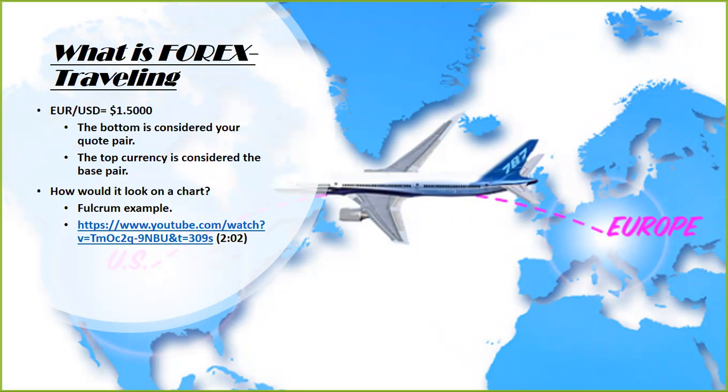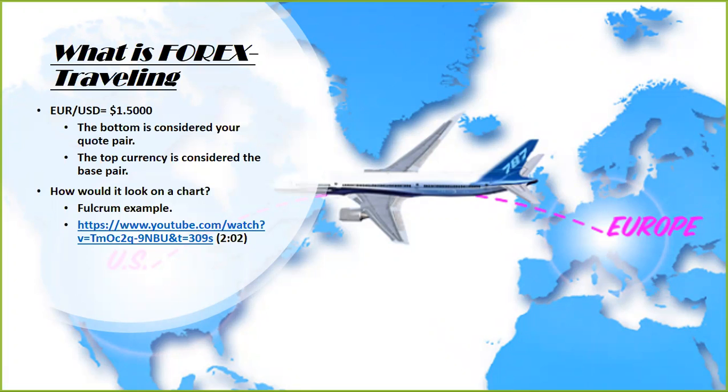I don't know if anybody has ever traveled abroad, but when you do, in the airport, there are these kiosk machines where you can actually exchange money. If you're coming from Europe into the United States, there'll be a machine in the airport where you can exchange your money. And so pretty much what Forex is, is just the exchange of money.